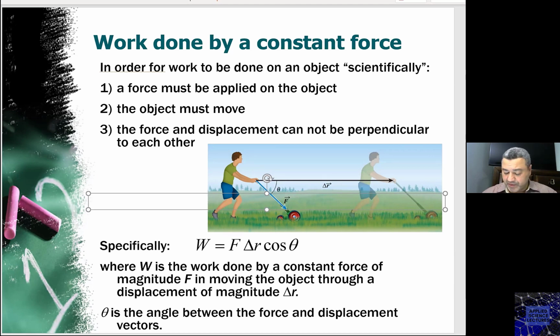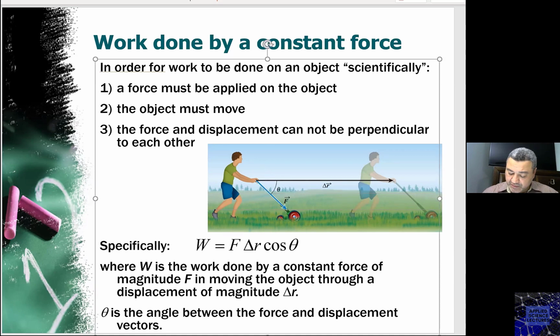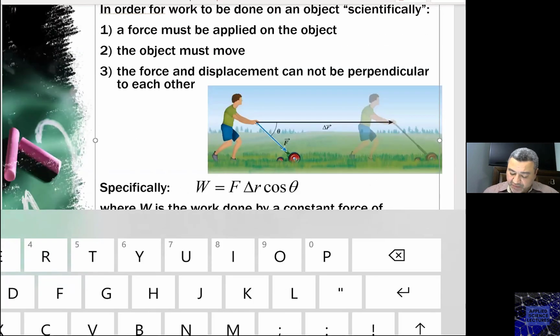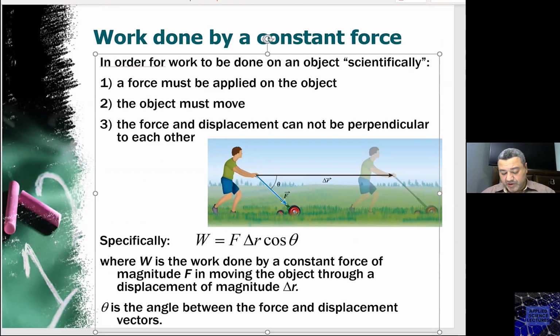Now, also remember that the force could not be perpendicular on the displacement vector, as this is going to result into a zero work.